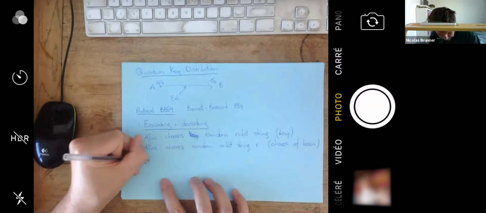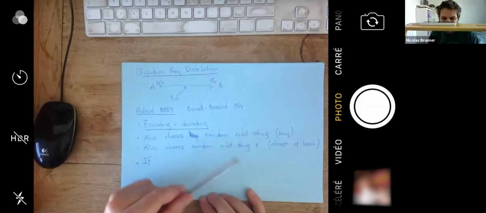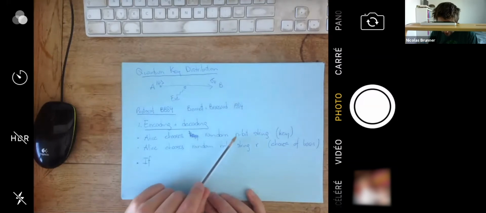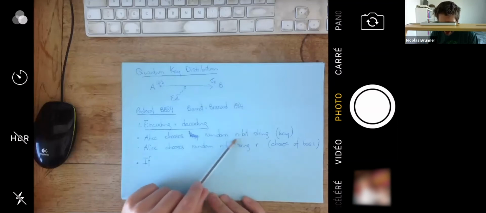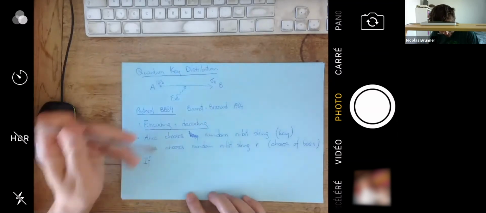So in every round, this is something that we do in a sequence. We do it many times, and because we have n-bit strings, in each round we will essentially encode 1 bit of this string. So here is how we do it.